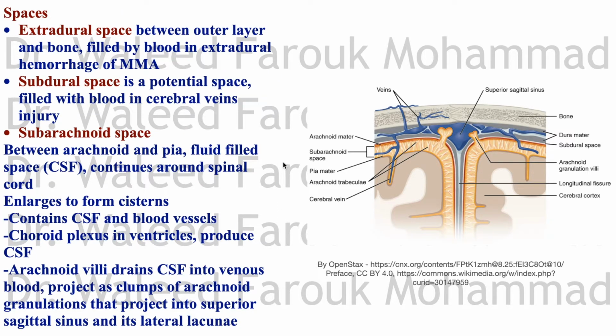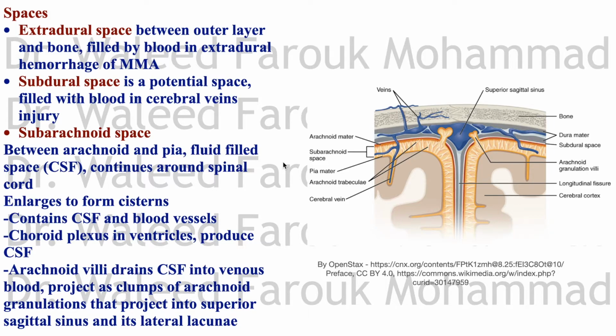Okay, spaces. We have the extradural space between the outer layer of the dura and bone, and it is filled by blood if there is injury or hemorrhage from the middle meningeal artery.